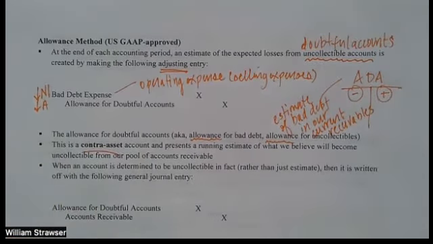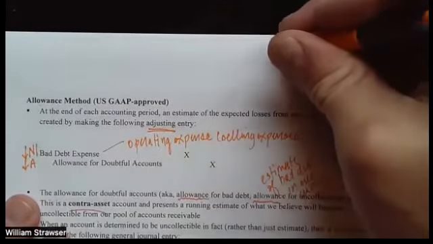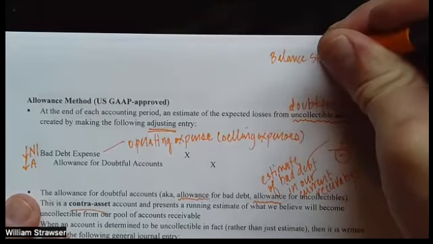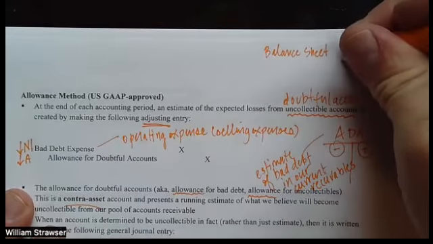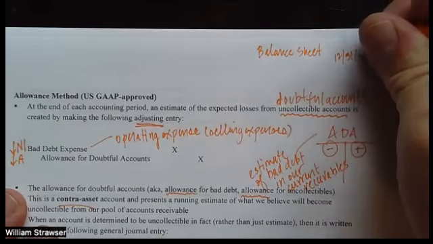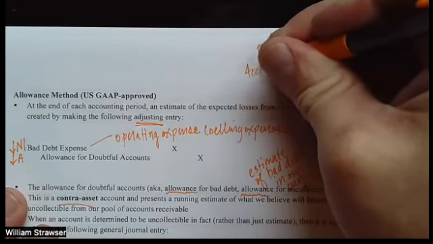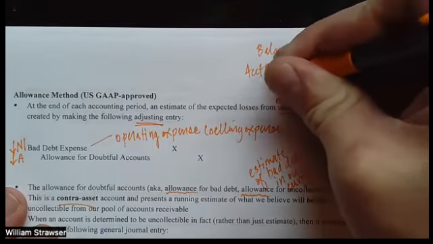Its role, remember, is to offset accounts receivable when they're reported on the balance sheet. So if this is just a single account excerpted from a balance sheet at 12/31/22, we have accounts receivable net of allowance.